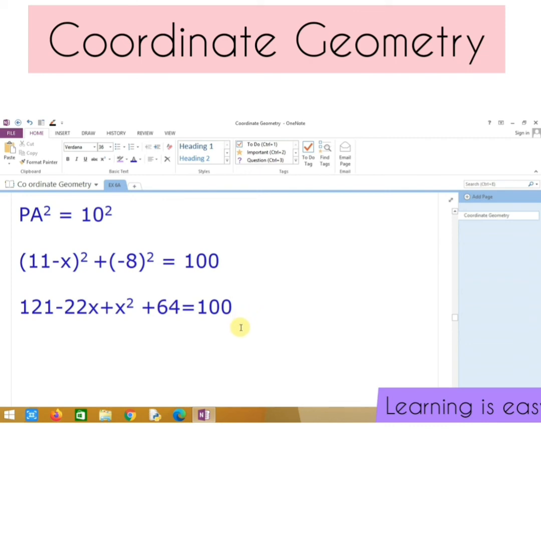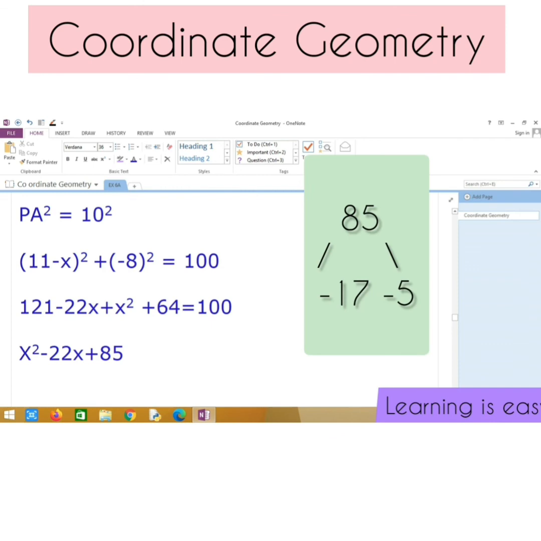So now we can write the quadratic equation by simplifying all the constant terms. x square minus 22x plus 85 equal to 0.